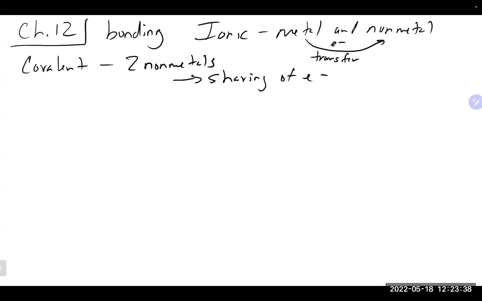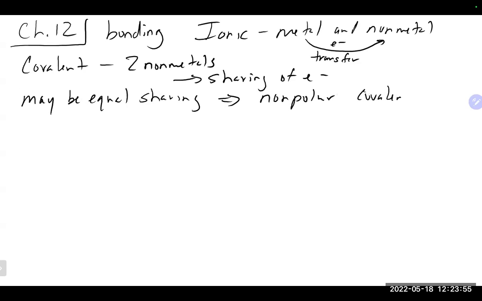And as we talked about, that sharing may be equal. And if it is equal sharing, that is what is referred to as a nonpolar covalent bond.